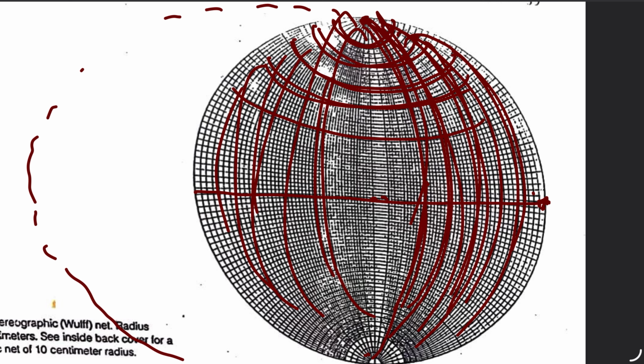So this is the Wolf net, and this net is used to project the poles of the faces, or to find the stereographic projection of the crystal models.